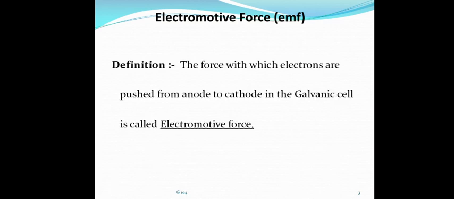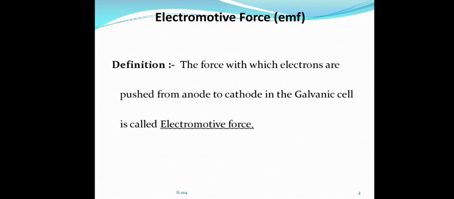So what do you mean by electromotive force? Let us see the definition. The force with which electrons are pushed from the anode to the cathode in the galvanic cell is called electromotive force. It is the force that causes the motion of electrons, making them move from the anodic metal to the cathodic metal.